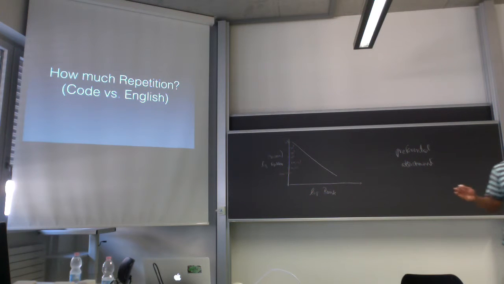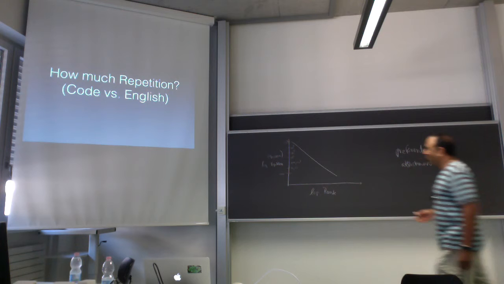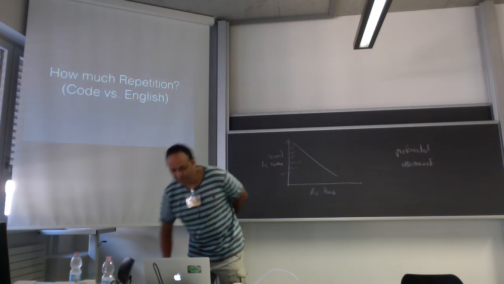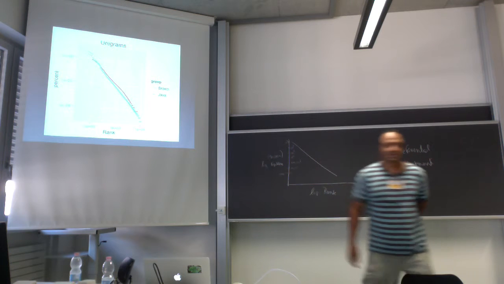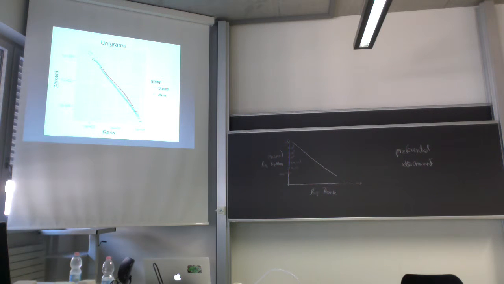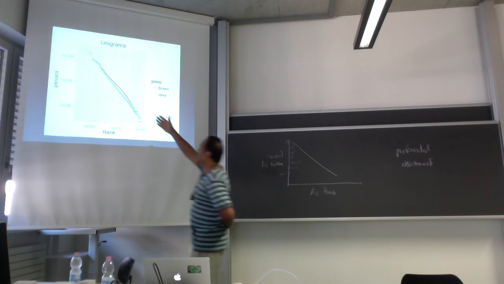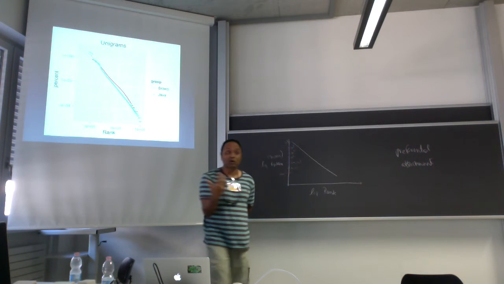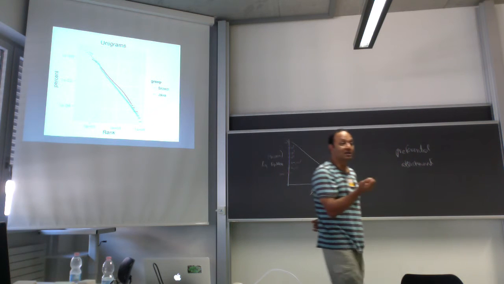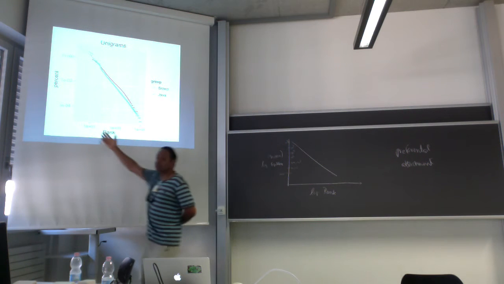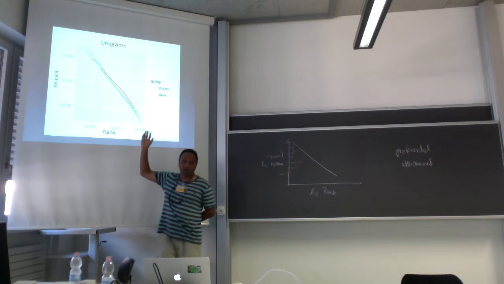Now, the reason I'm talking about it is that we see this in natural language. This is a Zipf plot of words in English and words in Java, words meaning tokens in Java. On the x-axis are all the words that you see in English or Java.